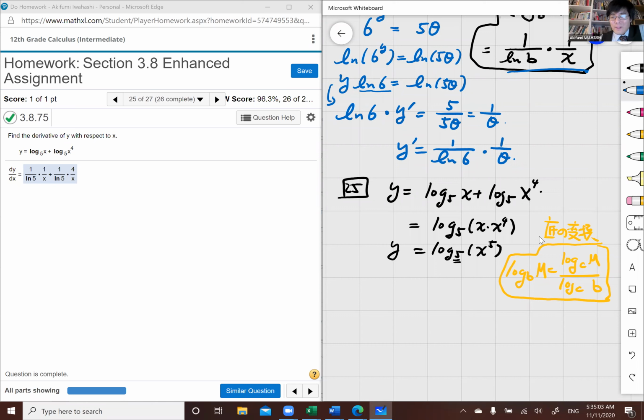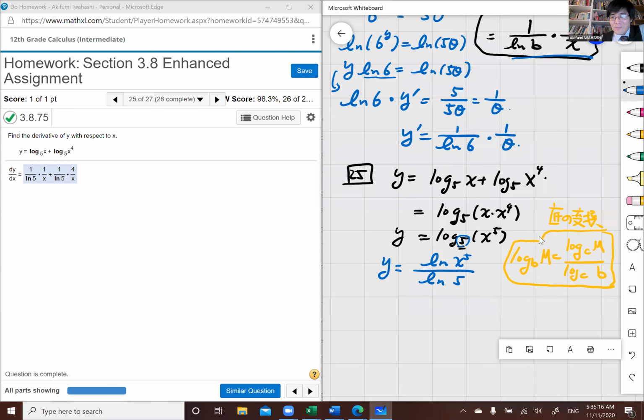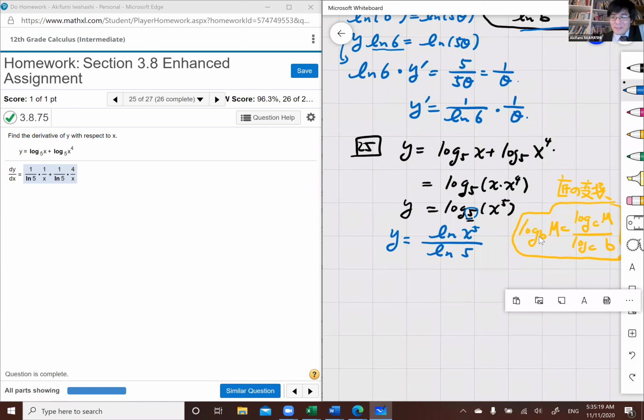So, because you don't like base 5, because you don't remember how to differentiate that, let's change into ln of x is 5 over ln of 5. Looks complicated. It's a fractional expression. However, bottom part is just a number. So it's just like a constant.